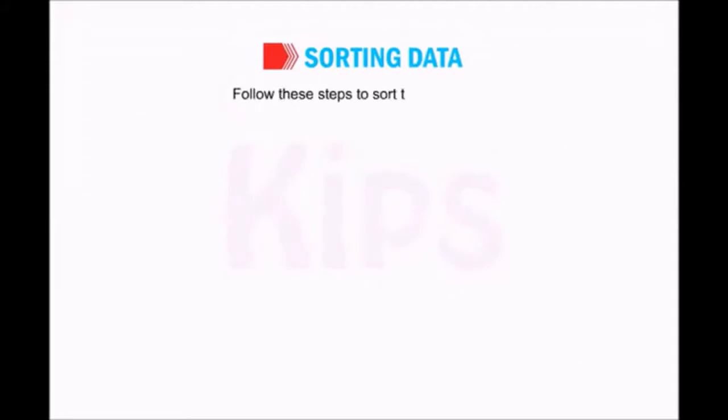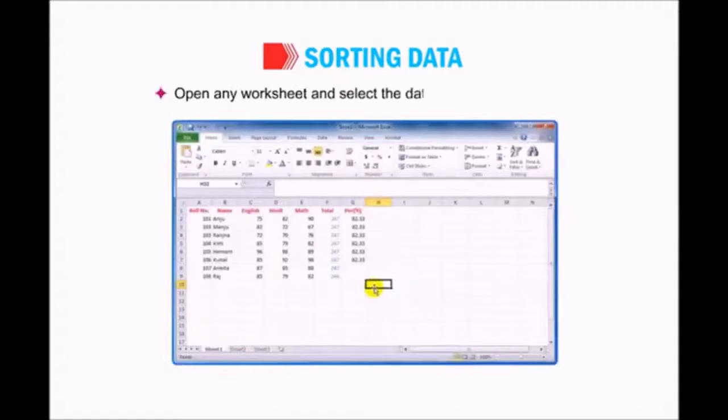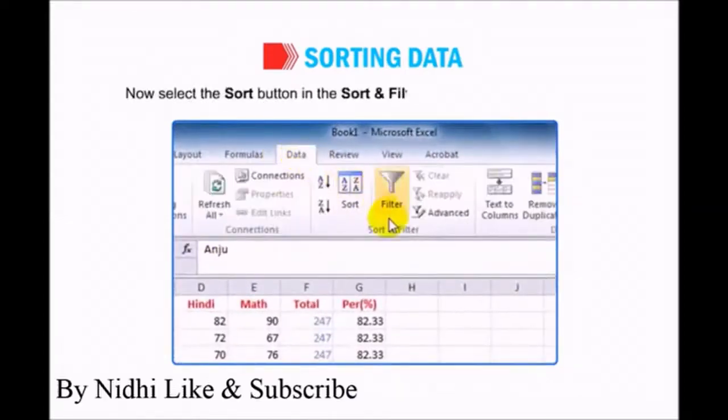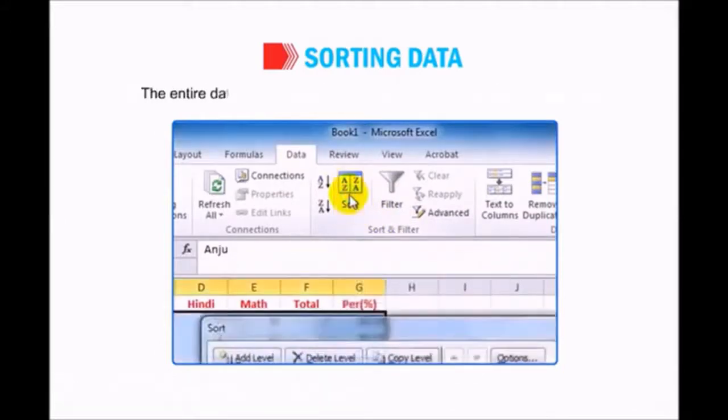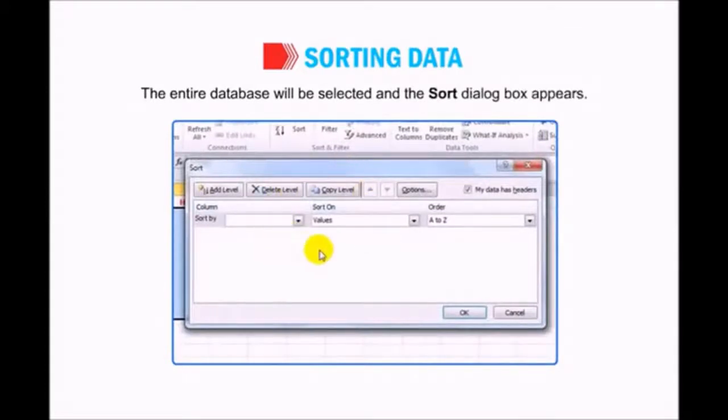Follow these steps to sort the given data. Open any worksheet and select the data that you want to sort. Click on any cell, say B2. Now select the Sort button in the Sort and Filter group under the Data tab. The entire database will be selected and the Sort dialog box appears.